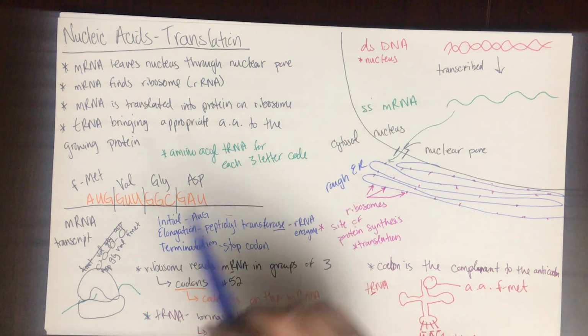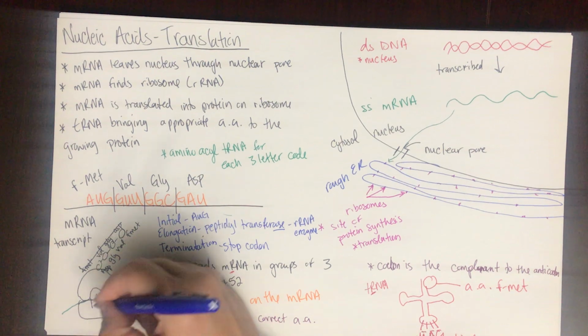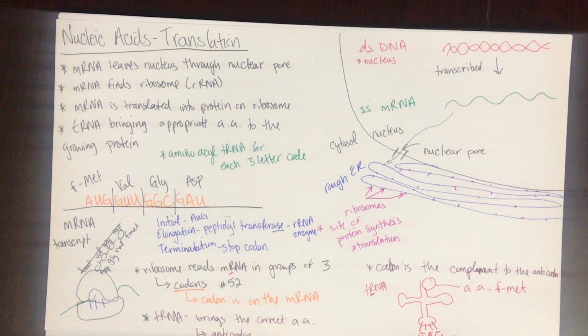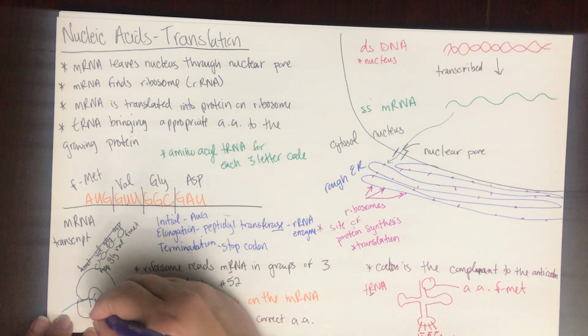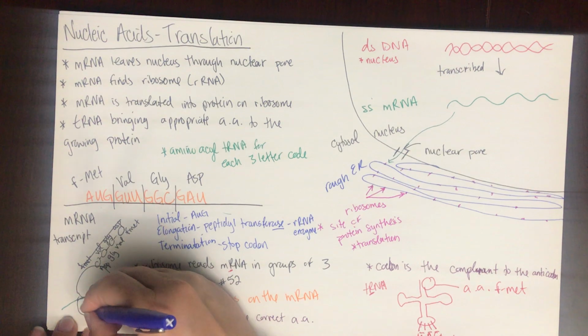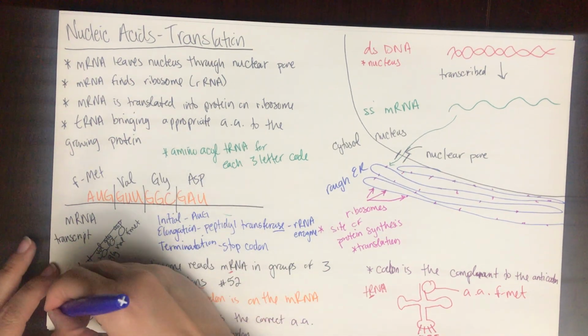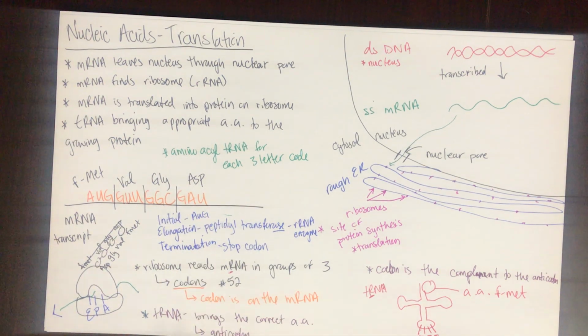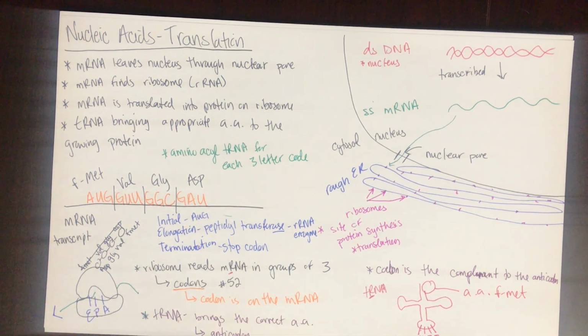So again, this is happening on the ribosome, and there's 3 sites in the ribosome where this is happening. There's the A, arrival site. There's the P, the peptidyltransferase site, and then there's the E, the exit site, and it's going in this direction. So it arrives, it goes to the peptidyltransferase site, and then it exits.